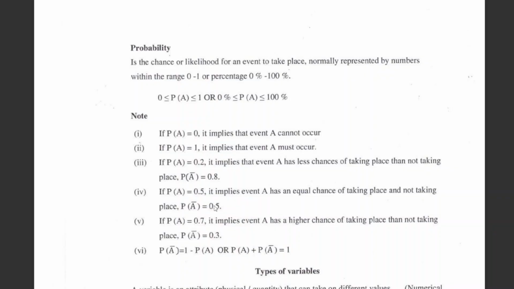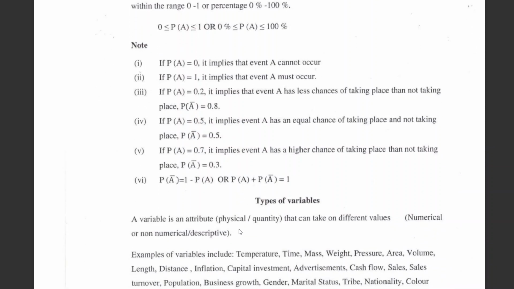If it is anything above 0.5, the event is likely to occur. Say if the probability equals 0.7, it implies that event A has higher chances of taking place, and the probability of it not taking place is 1 minus 0.7, which becomes 0.3. So this bar implies not taking place.